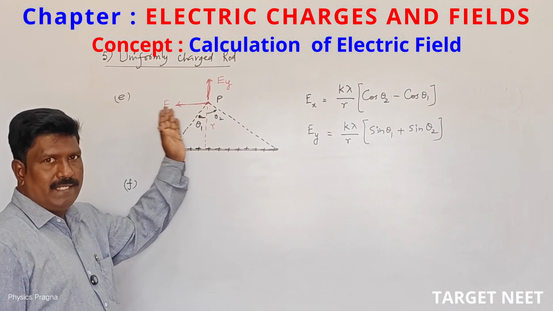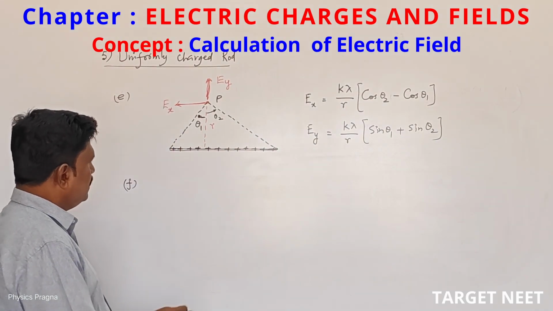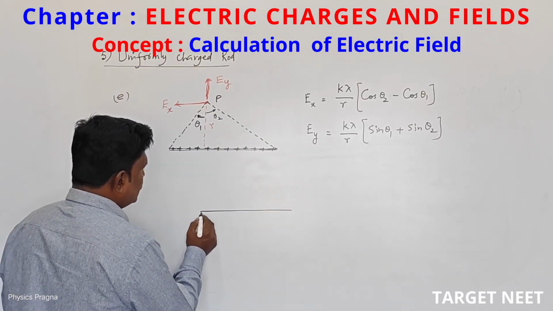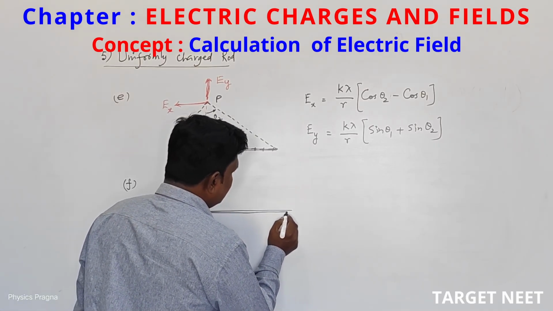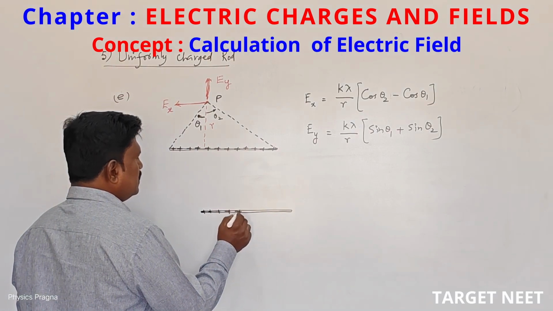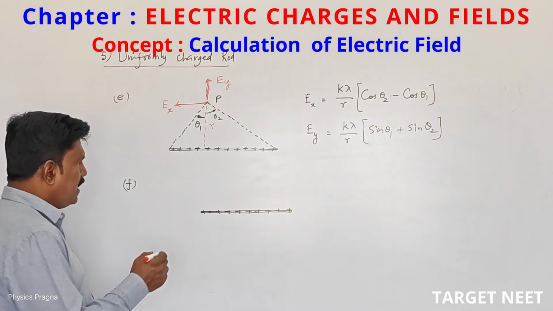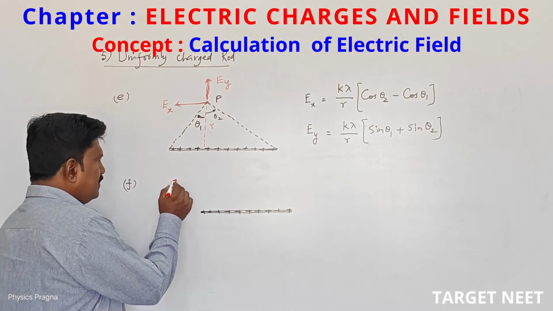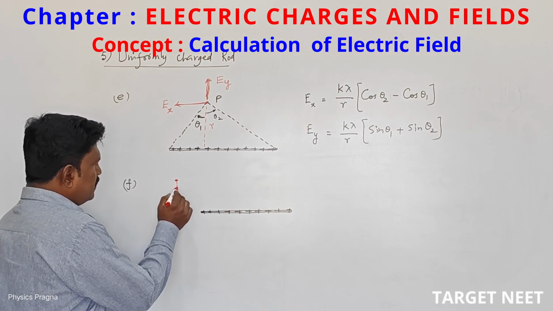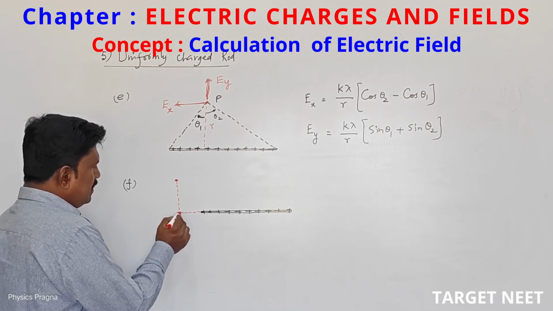We can take this point anywhere, unsymmetrically. So let us take this point like this. This is a conductor, a uniformly charged rod. The point we have taken is here, so I will extend like this.